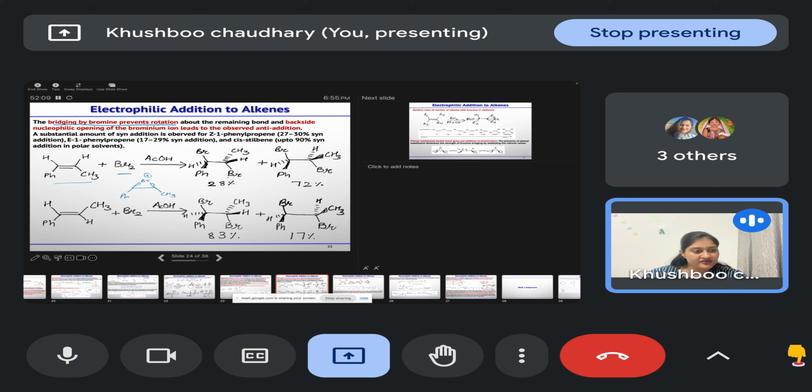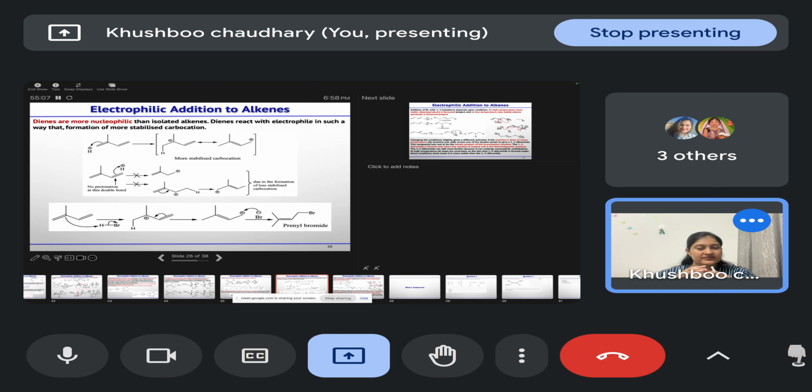Then, dienes will also act as nucleophiles. So they are more nucleophilic than isolated alkenes. So dienes will react with an electrophile in such a manner that the more stabilized carbocation will form. For example, in this case, if we are forming a carbocation after the abstraction of a proton, this tertiary carbocation will form, and that is allylic also.